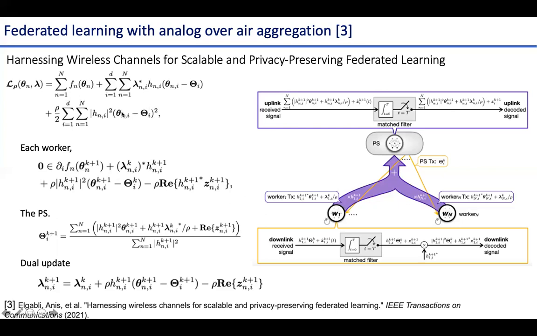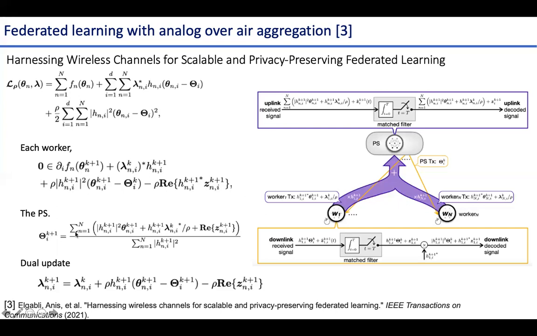So here we have local models and a global model. At every iteration, all the workers update their local models by solving this problem. By now we should be familiar with ADMM. Given the k-th version of the global model and the k-th version of the dual variable, we update the local models at each worker by solving this equation.